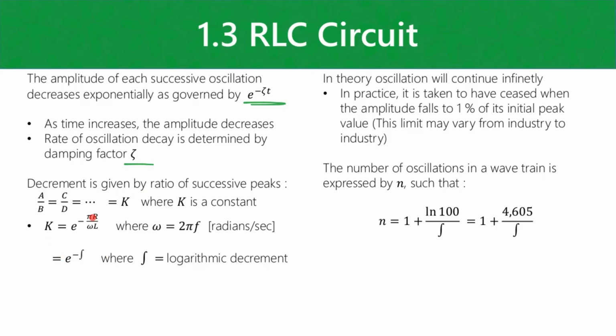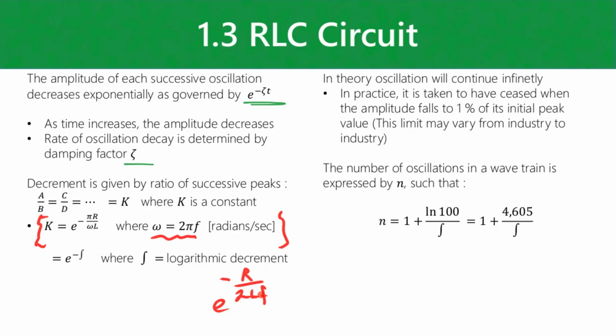Right, so we can also write this constant, the ratio of successive peaks, as e to the power of minus pi times R over omega L. Now omega in this case would be 2 pi times the frequency of oscillation. So that simplifies the formula a little bit to e to the minus R over 2LF.